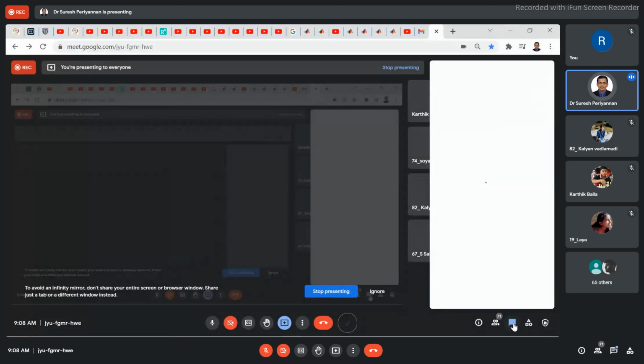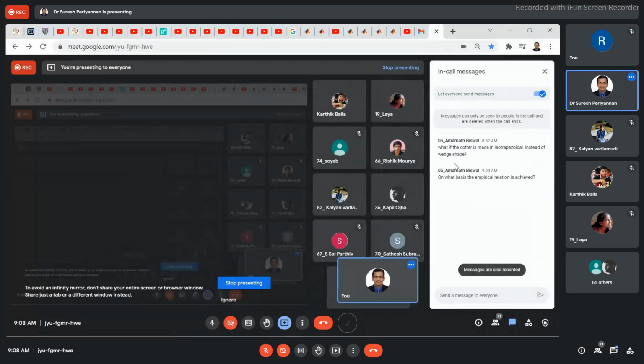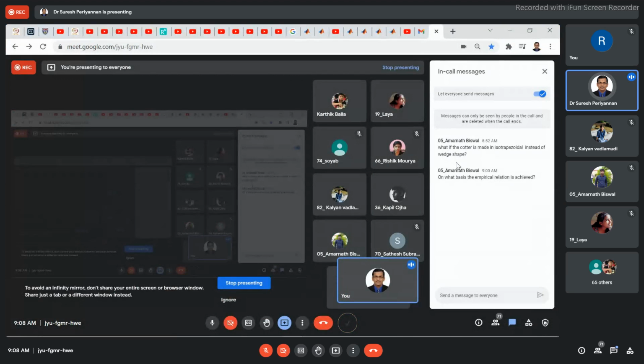Any questions in the chat box? What if the quarter is made in isotrapezoidal shape instead of wedge shape? Amarnath, are you there in the meeting? Yes, sir. Mostly in most applications we are using the wedge shape. That's what you are studying here.